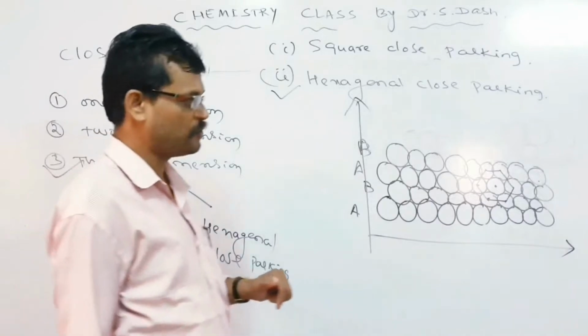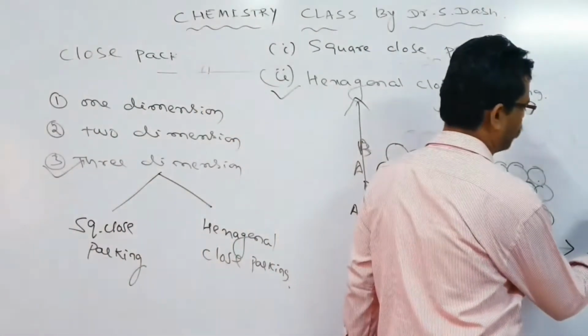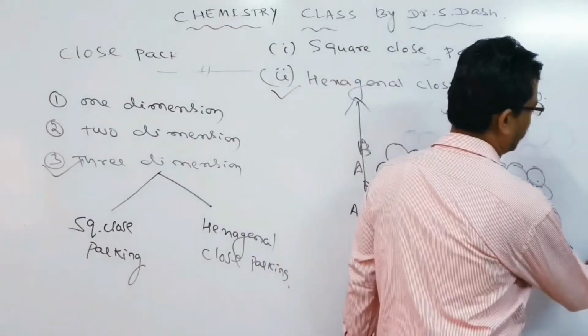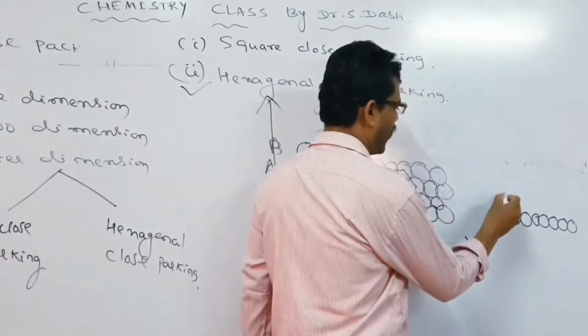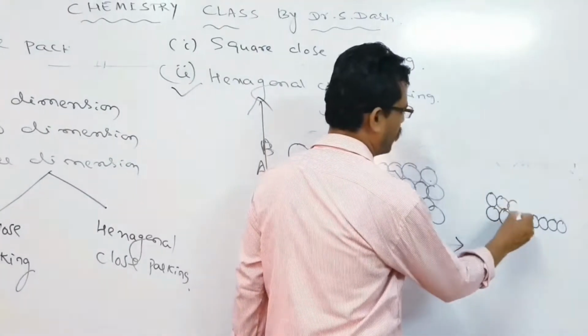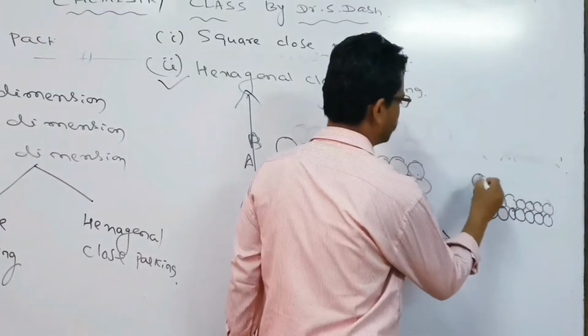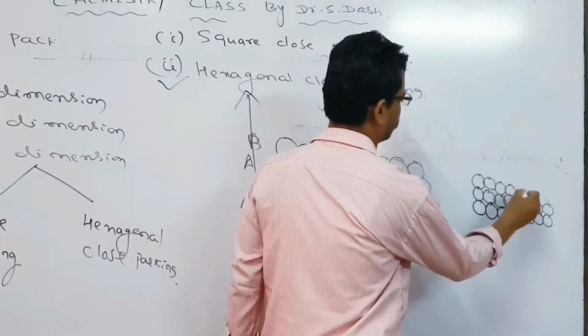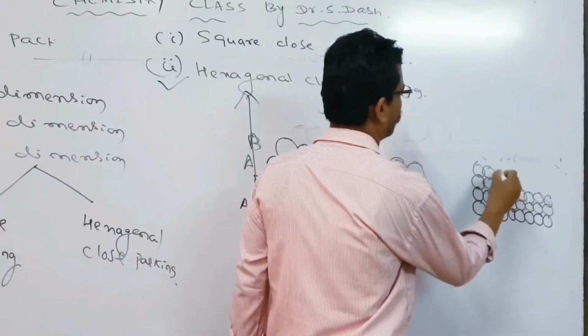In case of the square close packing type, it is very simple, because just like the earlier cases, there is a row of spheres, and it is surrounded above it. So you see, this is already two dimensional.